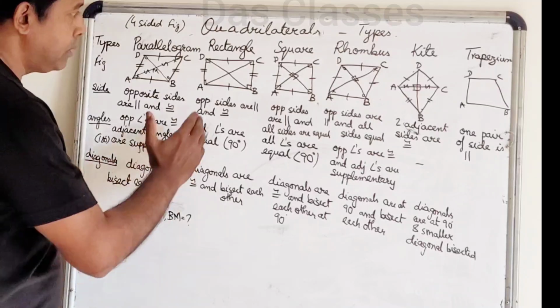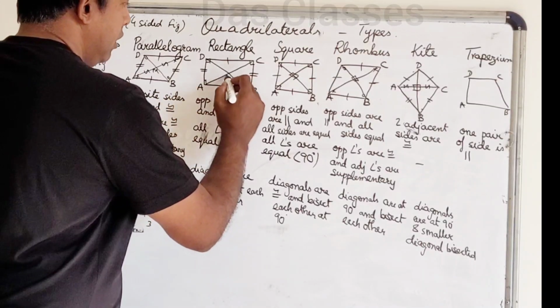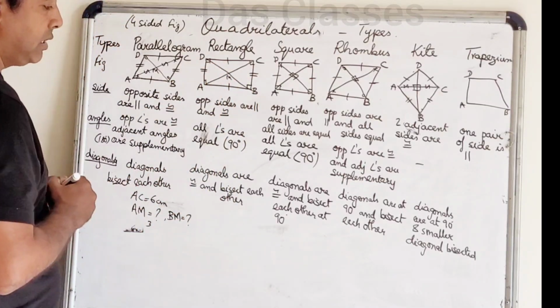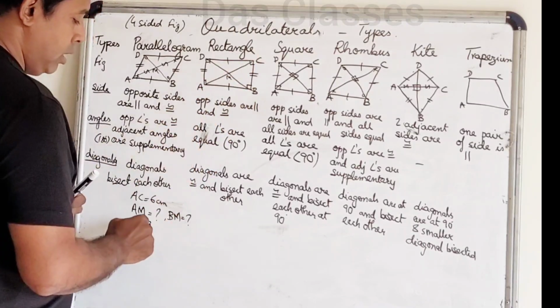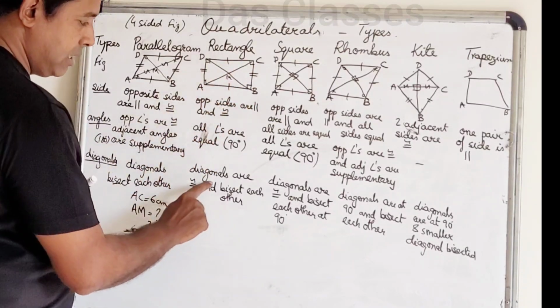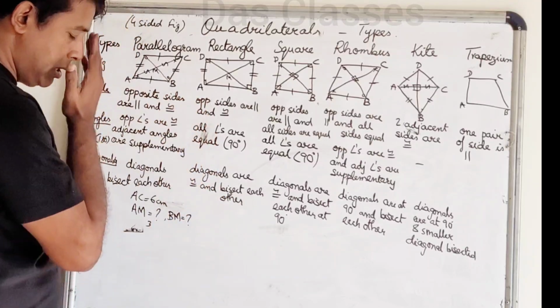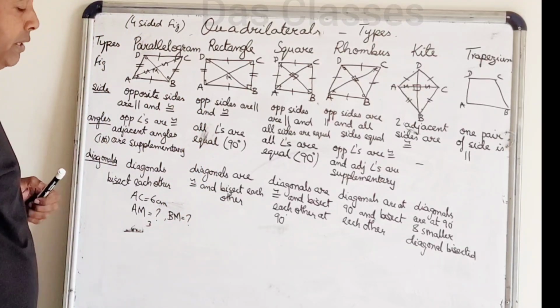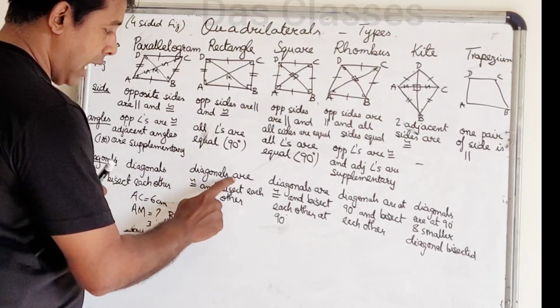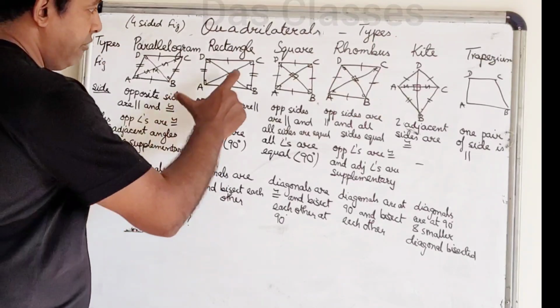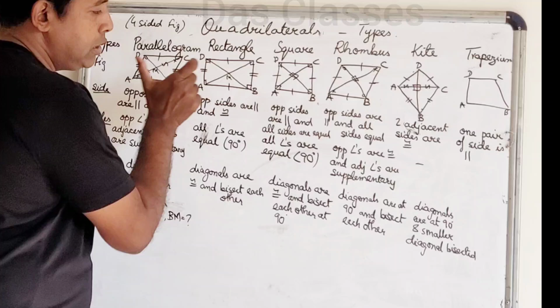With the same example, consider the rectangle. AC is 6 centimeter, so AM, again diagonals are bisected, will be 3. And BM: in case of rectangle, the diagonals are congruent also. If AC is 6 centimeter, BD is also 6 centimeter.